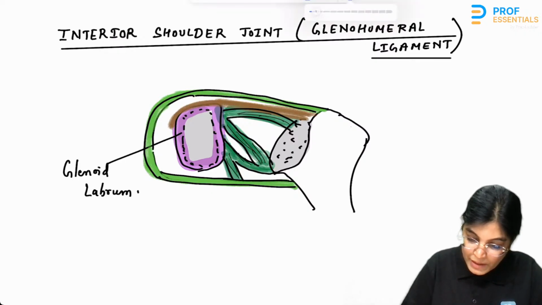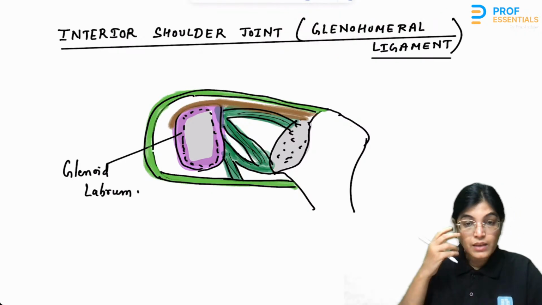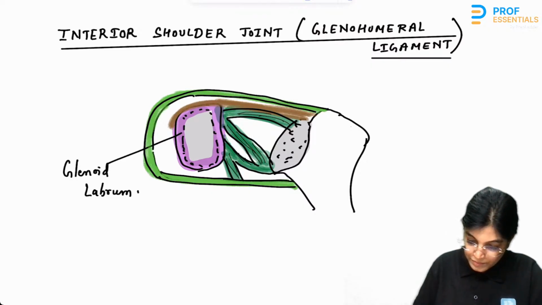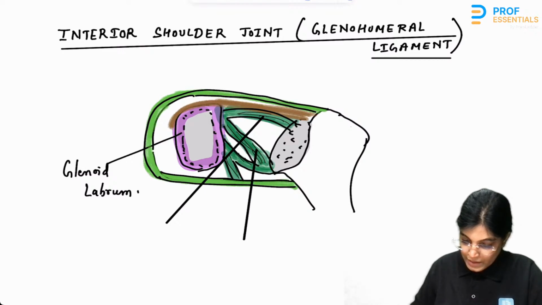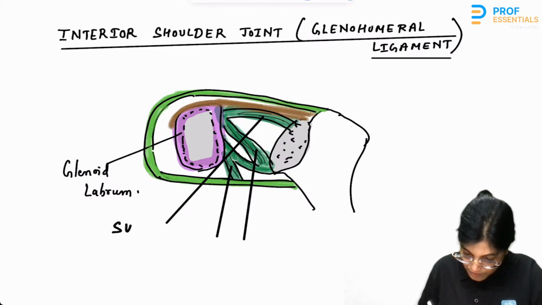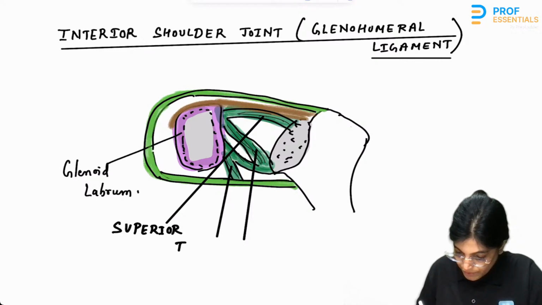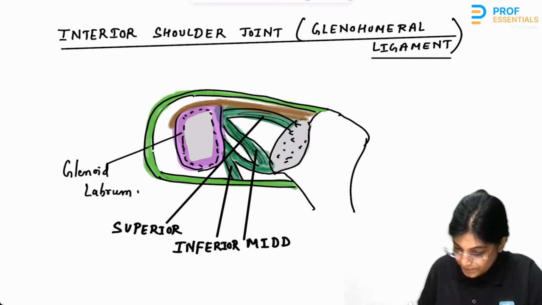So let us label it. This is the superior. This is the superior, this is the middle, and this is the inferior glenohumeral ligament. Superior, inferior, and that of middle glenohumeral ligament.